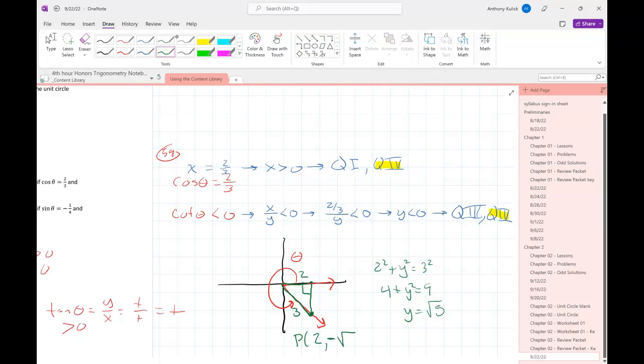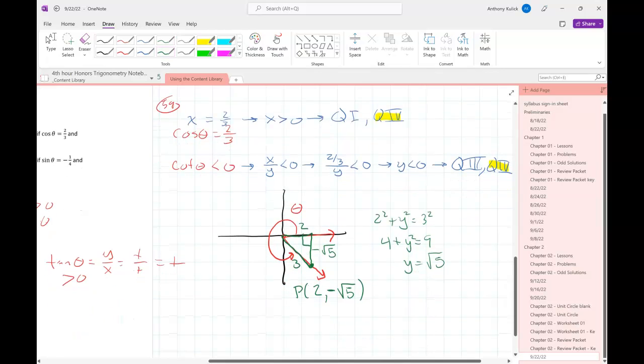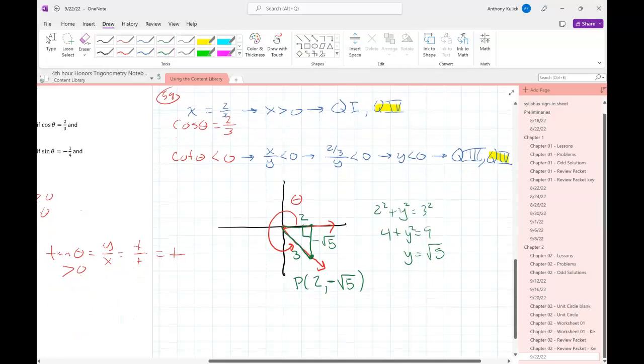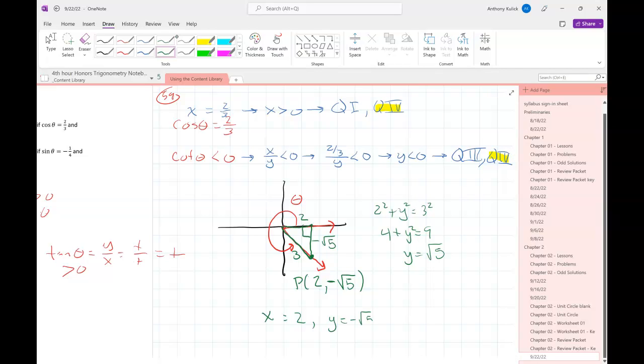And because I know that that was a coordinate, I'm going to write it as negative square root 5. That's the y coordinate. And now I've got everything I need because I have that x is 2, y is negative root 5, and r is 3.